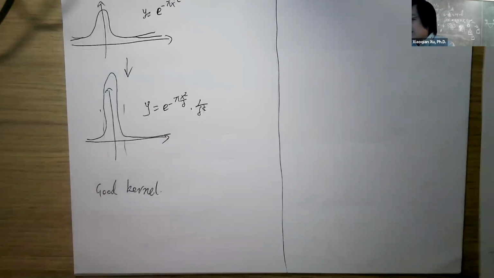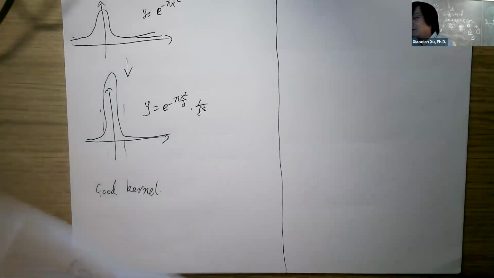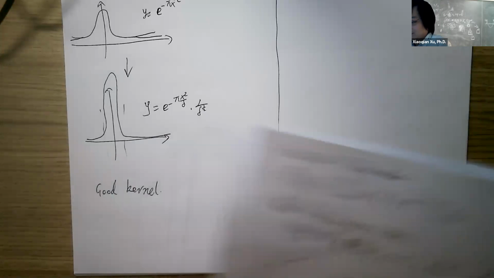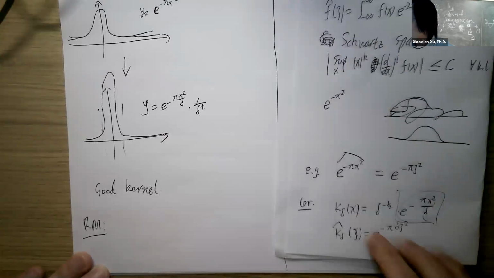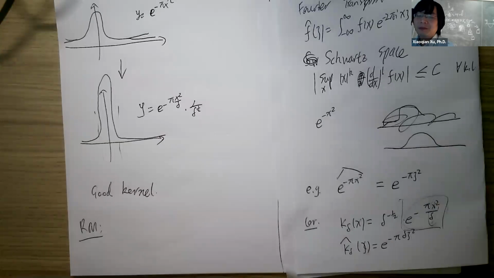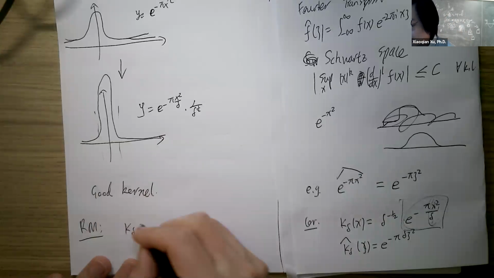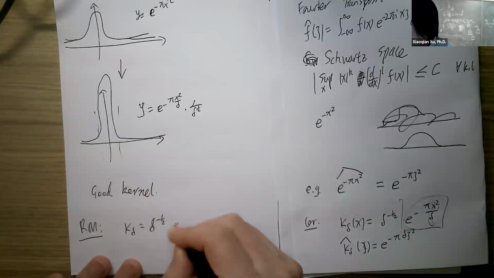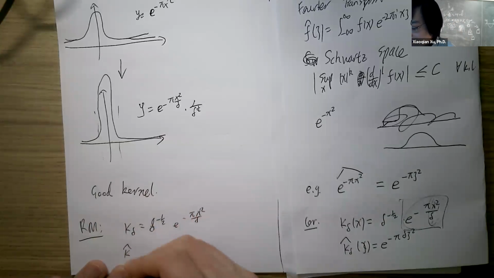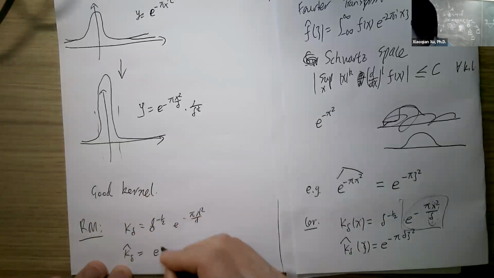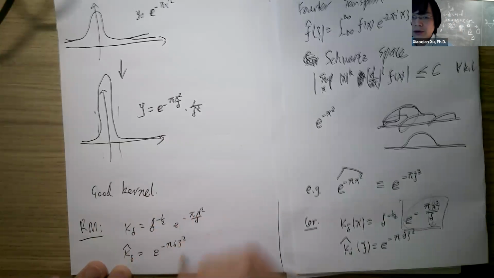Okay? And moreover, if you try to see what we had before, that is, okay, your Gaussian somehow is like a good kernel. Try to squeeze it, and then it will behave like something concentrated on this 0. Okay, if you try to look at this k delta, which is delta to the power minus half e to the power minus pi x squared over delta, then the Fourier transform of it looks like e to the minus pi delta psi squared.